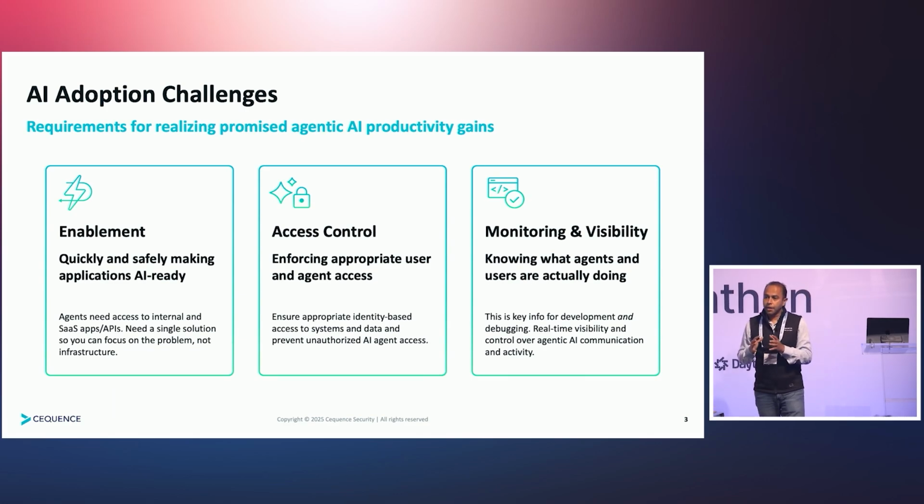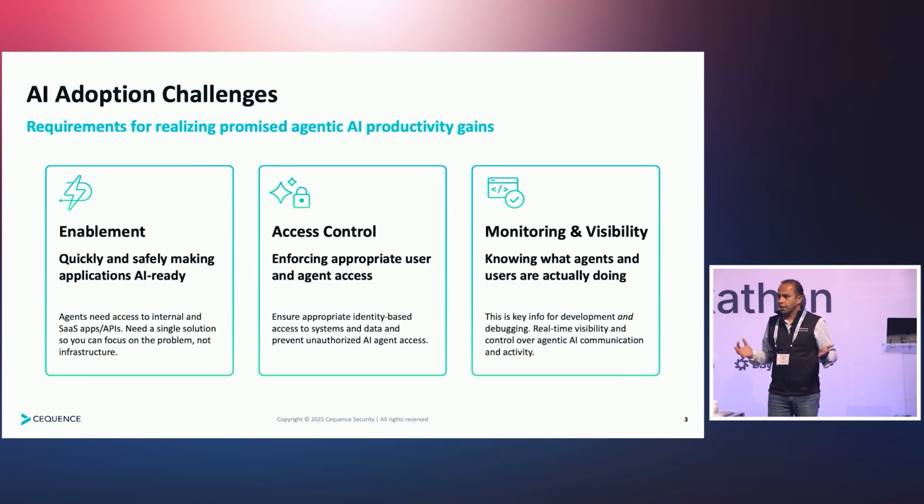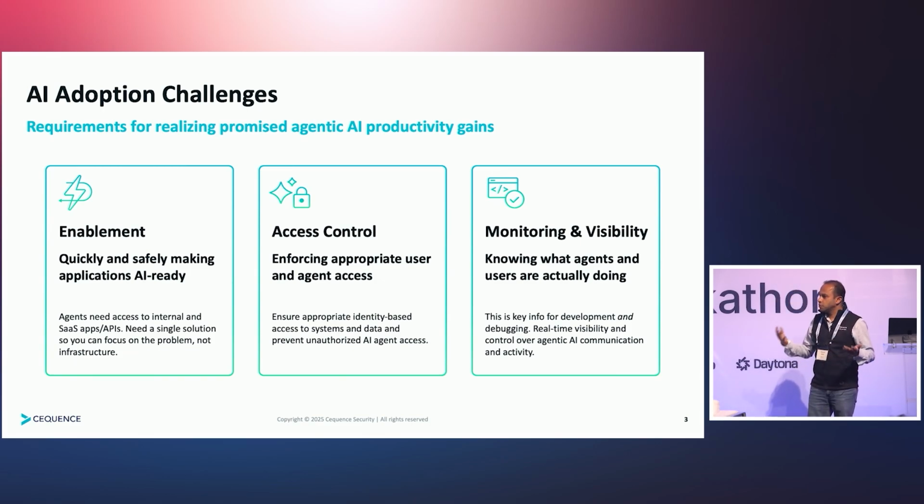And then I have tens of thousands of internal applications that I want to enable for agentic interaction. One of our customers is enabling more than 25,000 internal apps for all their developers for agentic use. But people are not going to start building MCP servers for each of those applications.